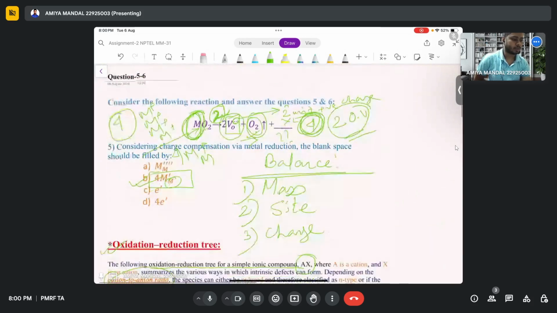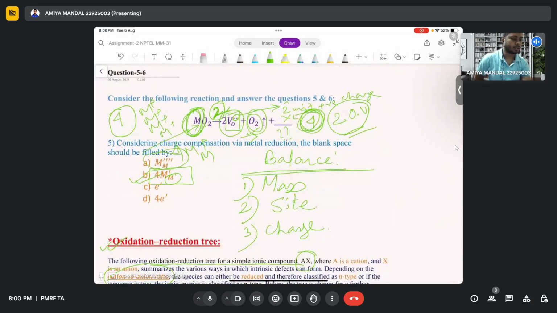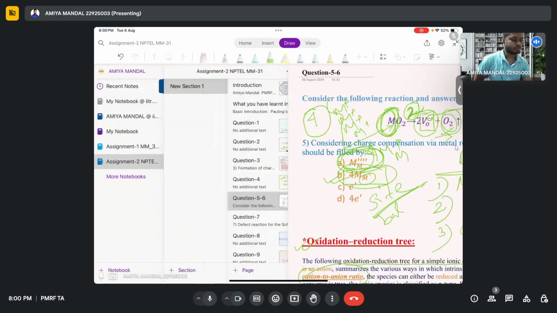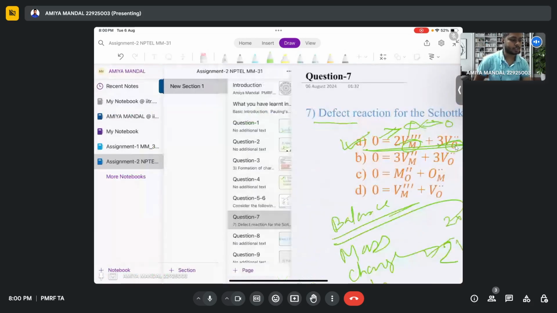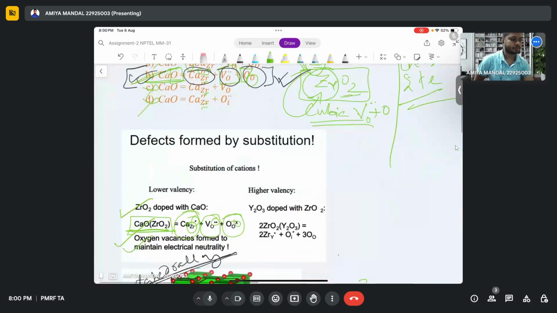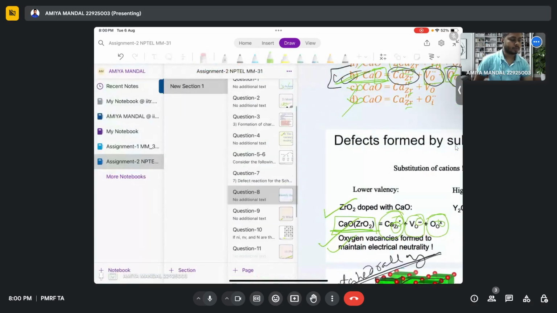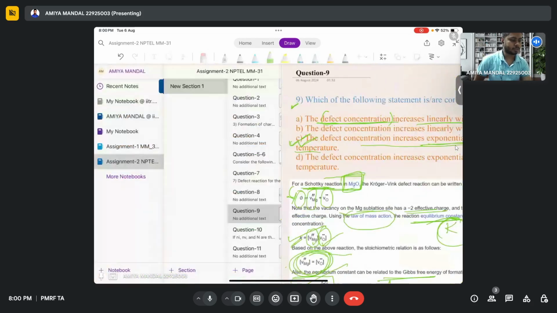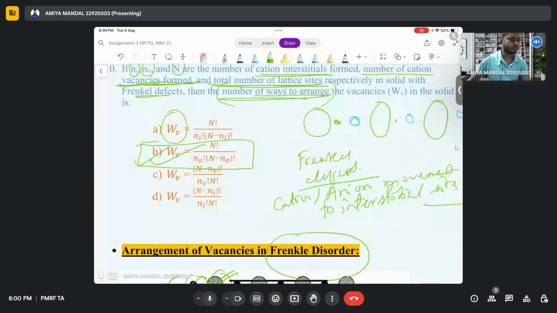Why was this not correct? Because of site balance. We have to balance the site. In this case, the site is not balanced. More interstitials will be there. Question number 7 has been done, 8 has been done, question number 9 has been done, and question number 20 is also done.